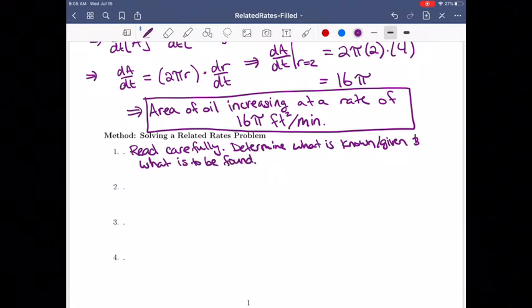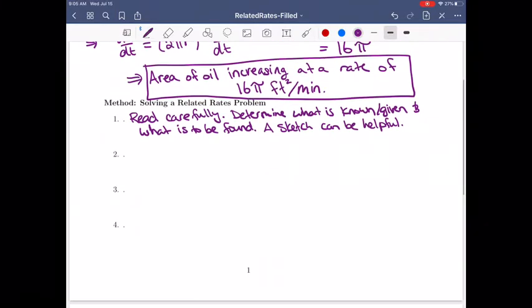Sometimes a sketch can be helpful. I could have done a sketch above, but it would have just been a circle with a radius, so I didn't think we really needed that, but sometimes it can be useful.